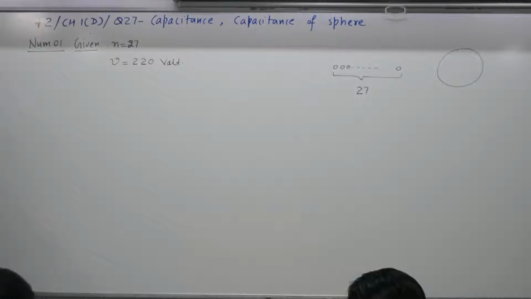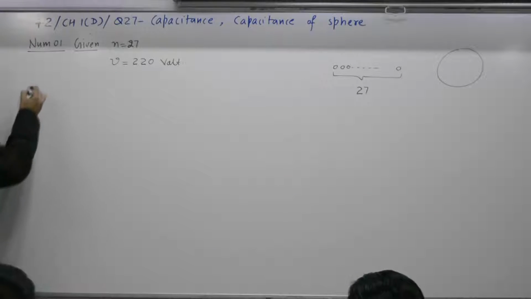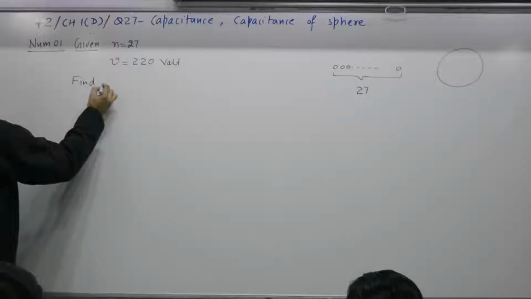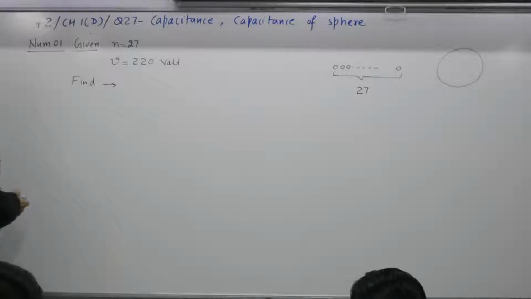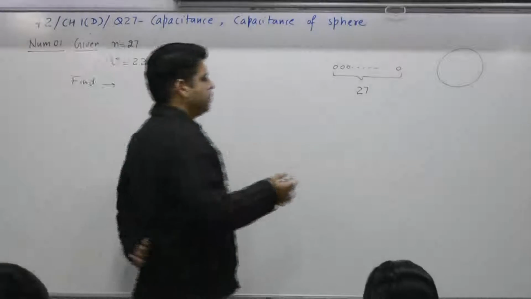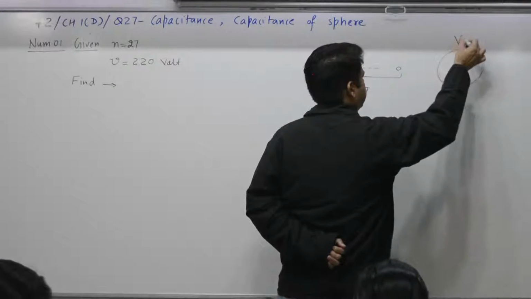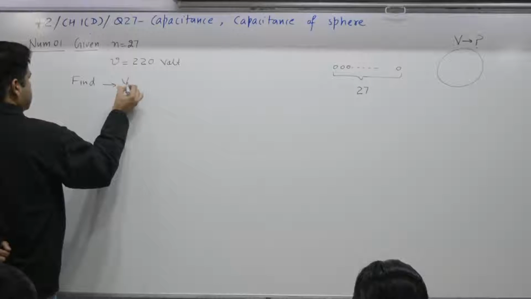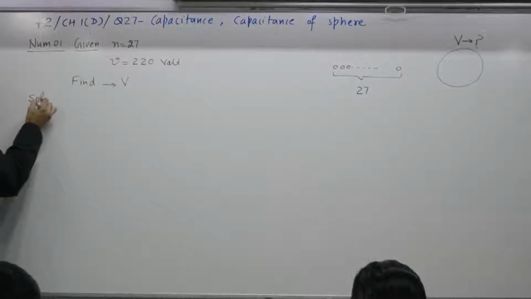You have to find out what? Potential of big drop. Let it be capital V. Two minutes with you to try.